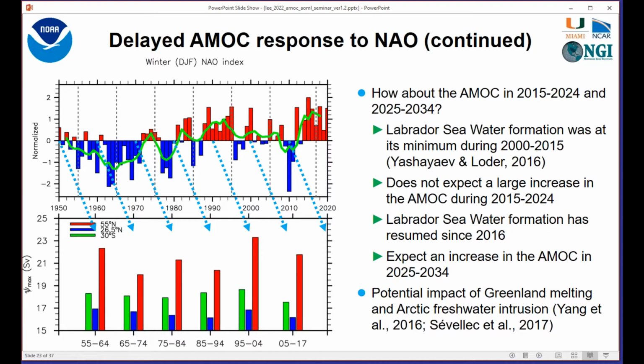Because of the melting of the land ice and the sea ice, the freshwater has been accumulating over the Beaufort Gyre, so that could come into the Atlantic Ocean through the Fram Strait or Davis Strait and affect the convection process through the surface salinity. So those things are potentially there, but we don't see that as a major factor from what we see here.